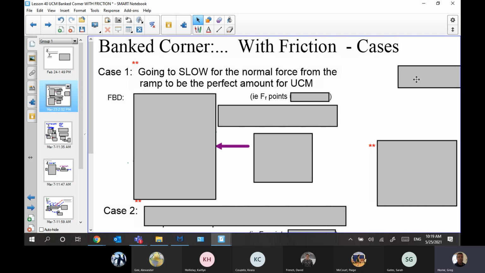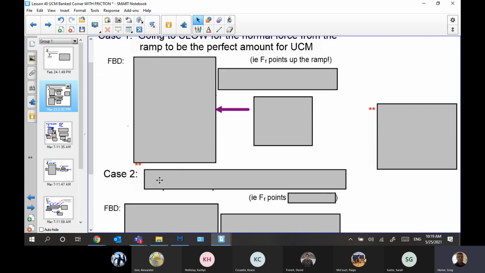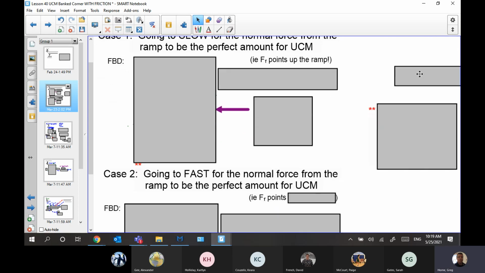There's the going too slow case, in which the normal force in the ramp isn't the perfect amount for uniform circular motion, so the friction is holding you from falling down, so the friction is pointing up the ramp. Case two is, of course, if you're going too fast, in which case the friction is going to be holding you from spiraling out, so the friction is going to point down the ramp.